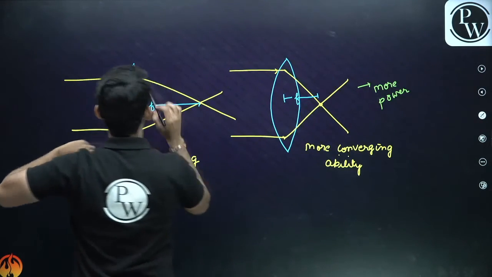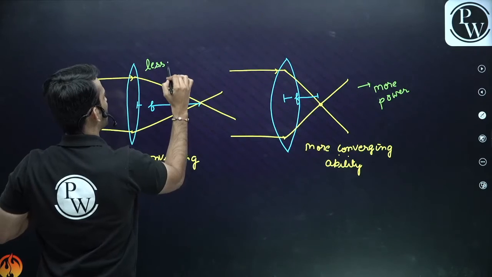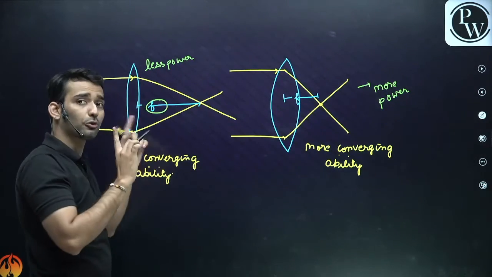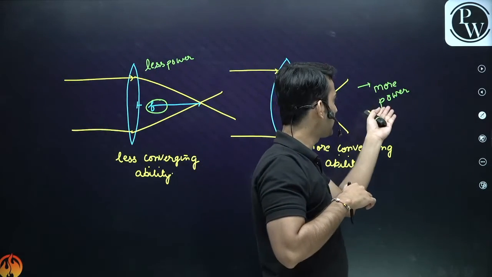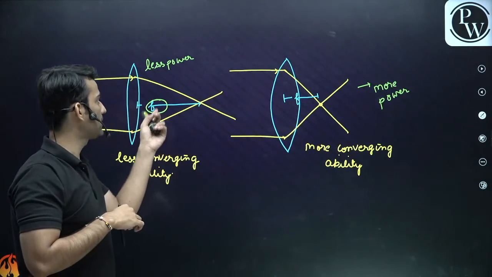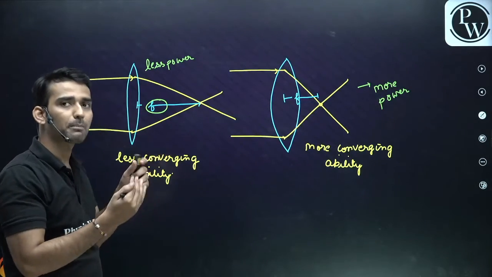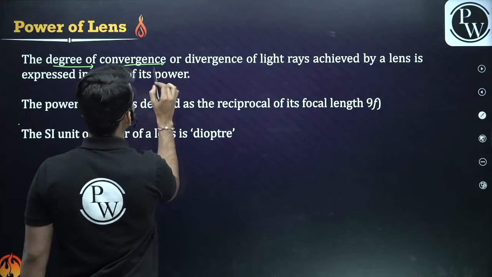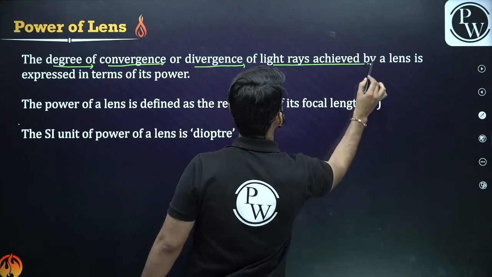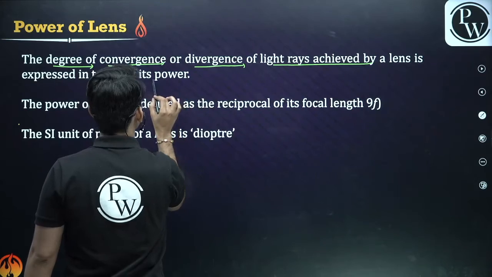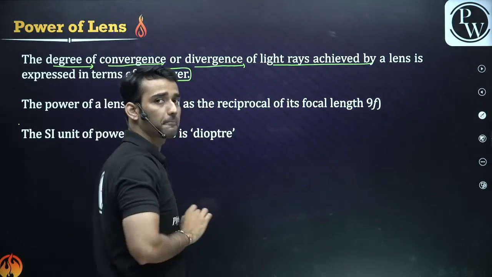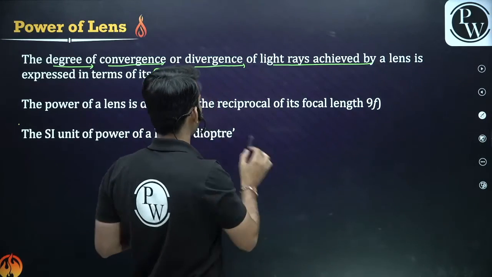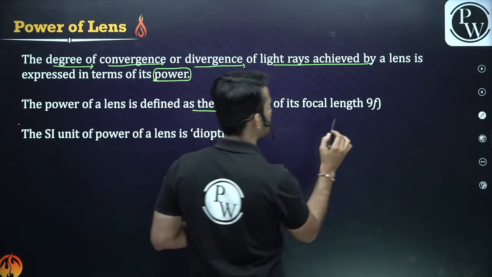This is converging less, so it has less power but more focal length. That is, both are inversely related. More power means less focal length, less power means more focal length. So guys, this is what power tells you. The degree of convergence or divergence of light rays achieved by a lens is expressed in terms of its power. Okay? Or as I told you, it is inversely proportional. So you can also call power the reciprocal.